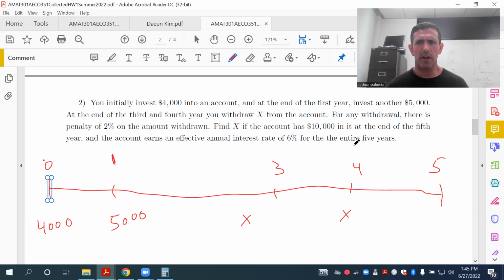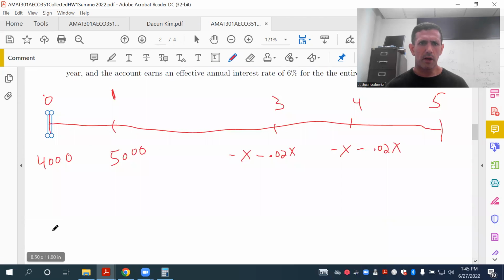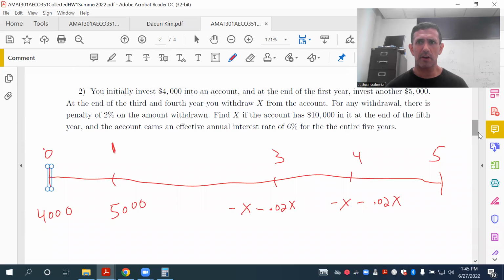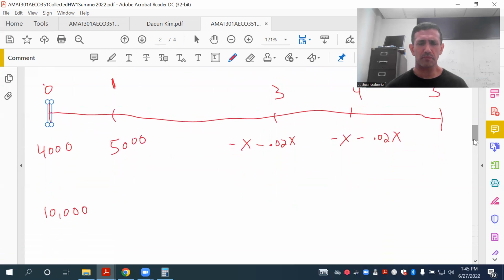But we also have a 2% penalty on each withdrawal. So 2% of x is 0.02x. And sorry, there should be a minus, it's the withdrawal. All right, so we're given that we have 10,000 at the end of the 5th year.